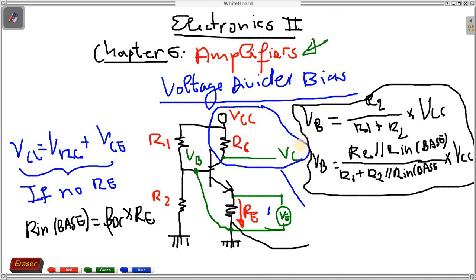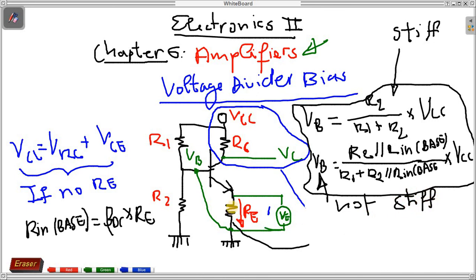So I said to pick between them. During the test they won't tell you which one you must use or which one you must not use. This VB is if our transistor is stiff, and this one is if our transistor is not stiff.